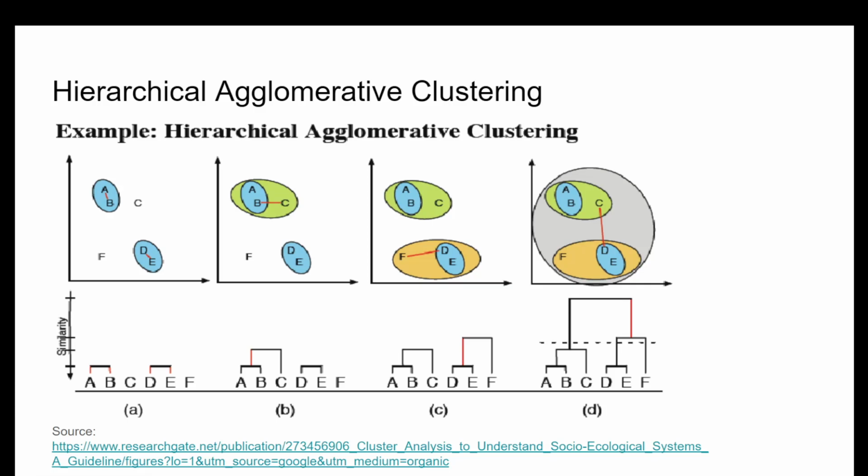So suppose that we have 6 data points, and therefore we have 6 initial clusters.